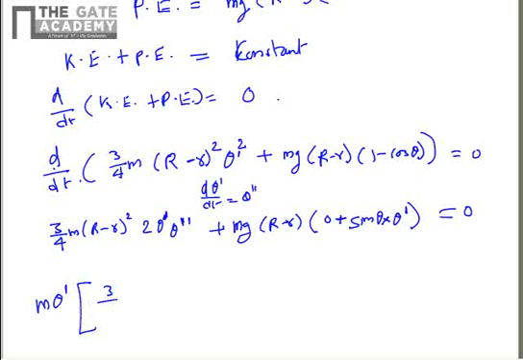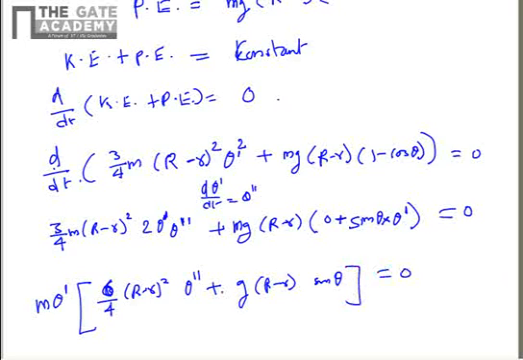So we take this thing common, we get 3/4 (R − r)², and you will get it into 2, so here we get 6/4, and here we get θ'' plus mg, m is taken out, constant, g(R − r) sin θ, and θ' is taken common outside.